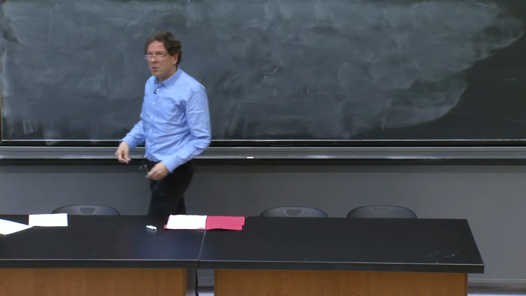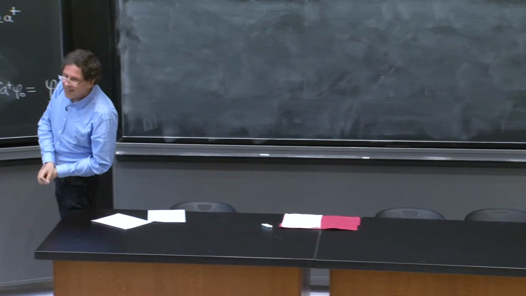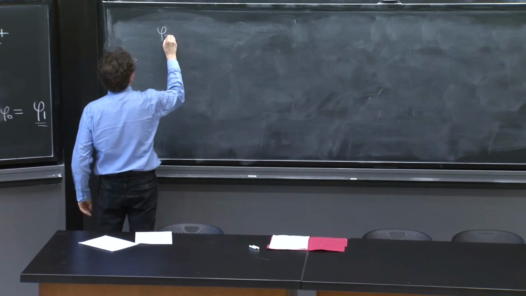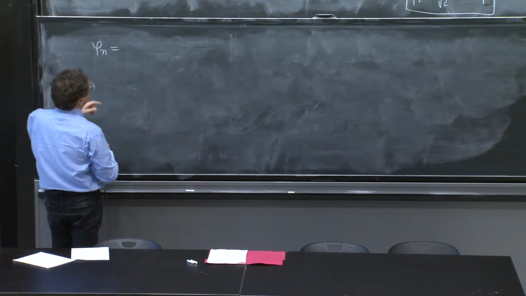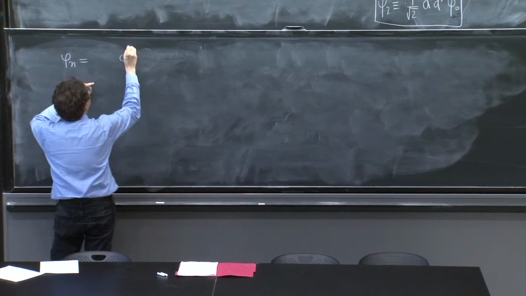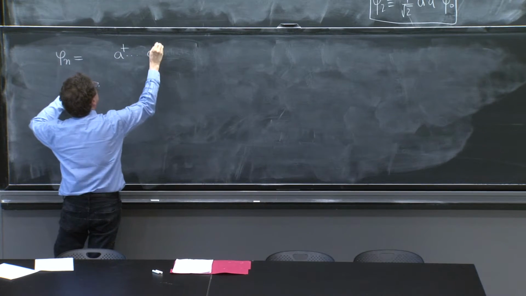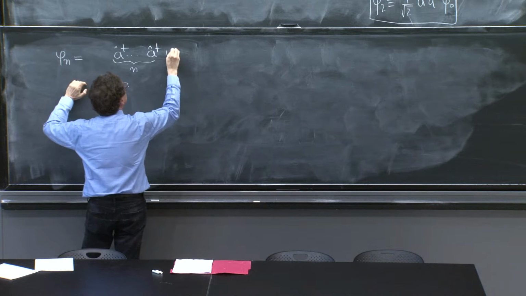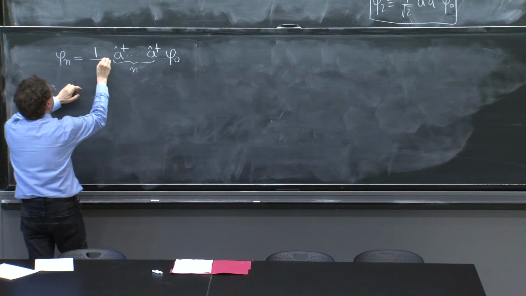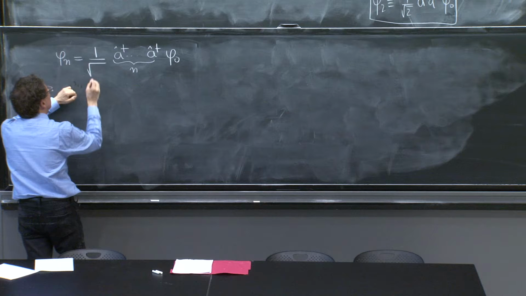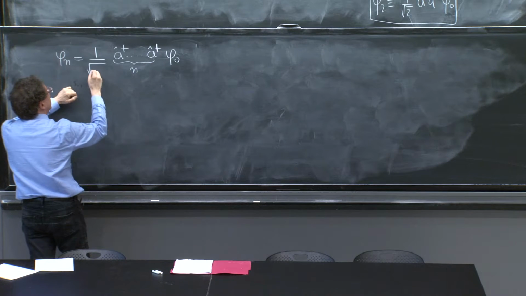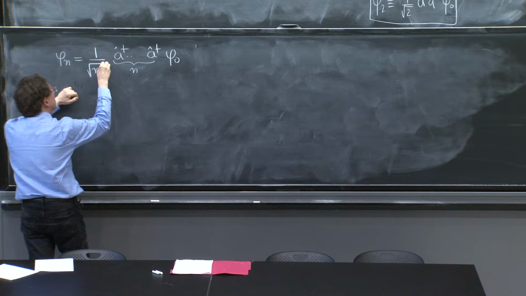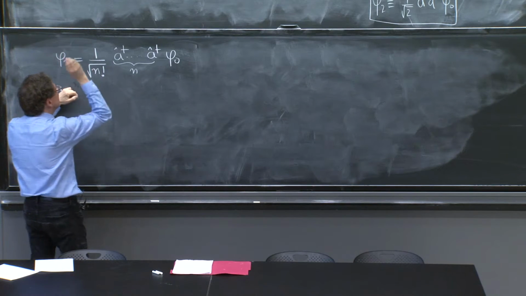So it's time to go general. The nth excited state, we claim, is given by A dagger, n of them, acting on phi 0 with a coefficient 1 over square root of, we might think it's n, but it's actually, you can't tell at this moment, it's n factorial.